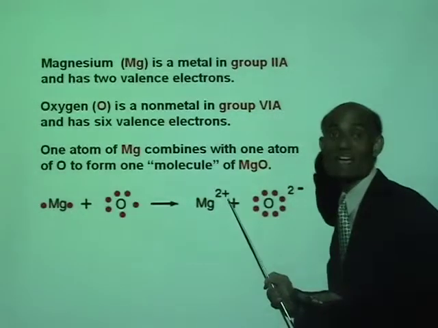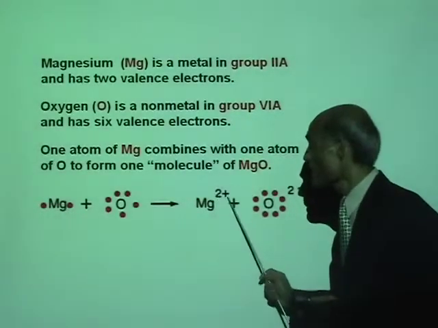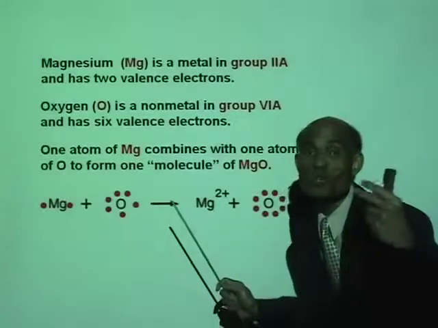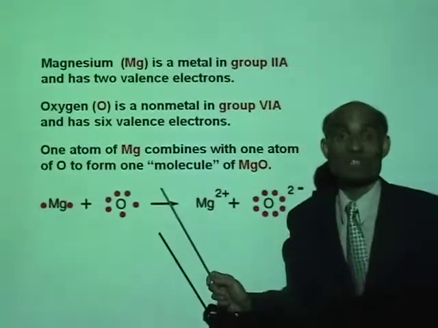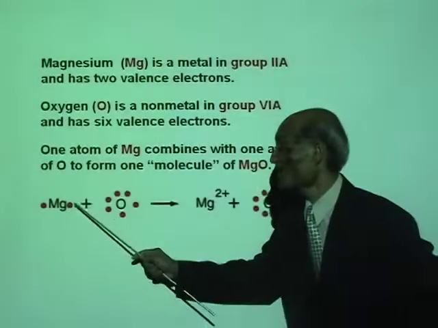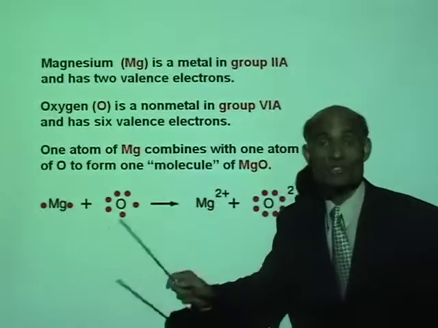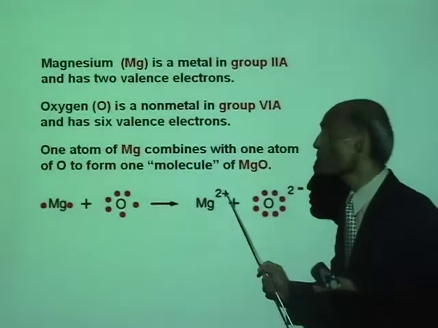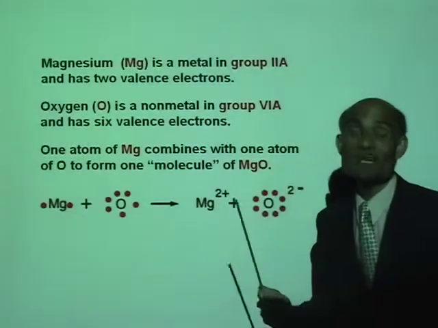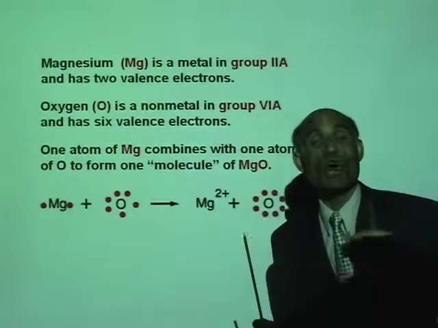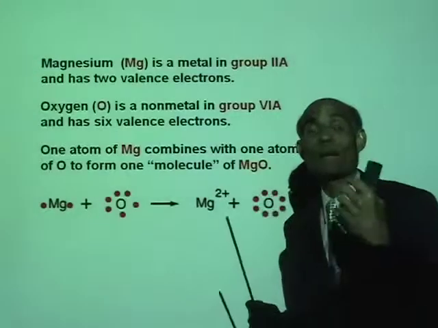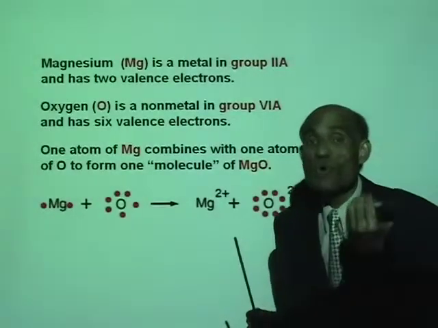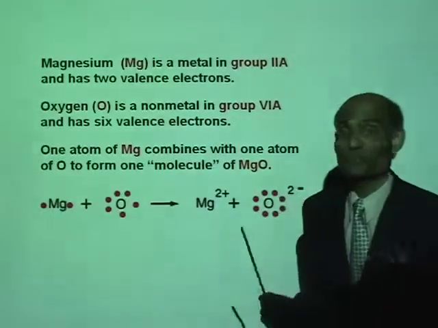And look at the way it is represented. It has 2 units of positive extra charge. Why? Because magnesium has lost 2 electrons and we represent it as Mg2+. That tells me that magnesium has lost 2 electrons. Magnesium now has 2 extra positive charges.